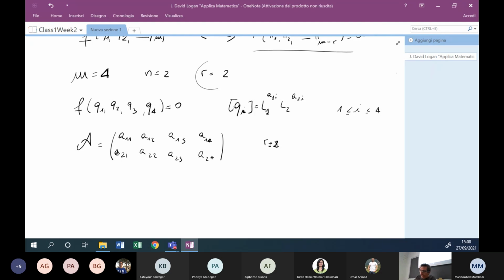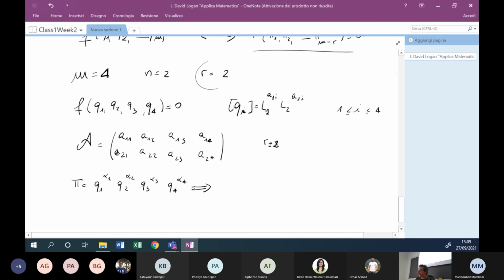Now, what's the generic pi? The generic pi is going to be some q1 to the power alpha 1 times q2 to the power alpha 2, q3 to the alpha 3, q4 to the alpha 4. Remember that if I can express pi in this way, then the dimension of pi is 1.